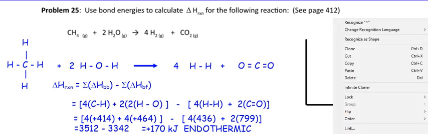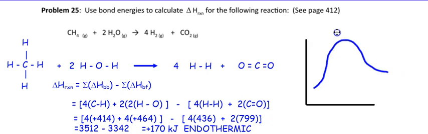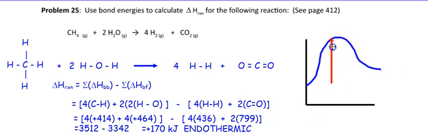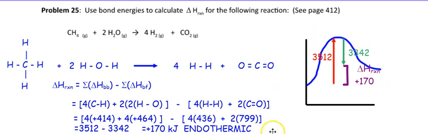So when I draw this diagram again, here we go. Notice that I am breaking bonds, and that was 3,512 kilojoules. I formed new bonds, which was 3342. So the difference between the two is my delta H reaction, which is positive 170 kilojoules. So that's what this is all talking about. Let's go ahead and do the next problem.